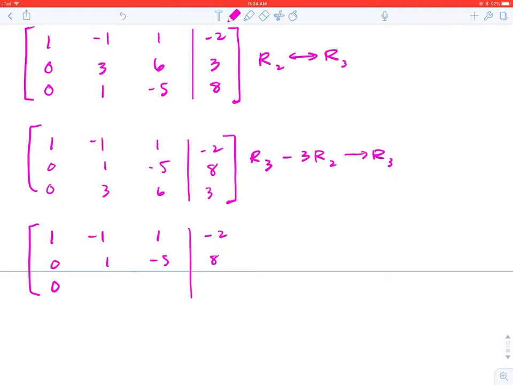Okay, so this will still be 0. This will become 0. 6 minus 3 times negative 5 will be 6 plus 15. Right?